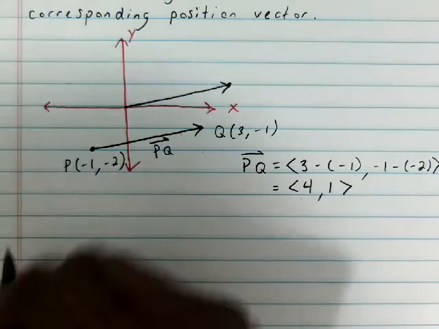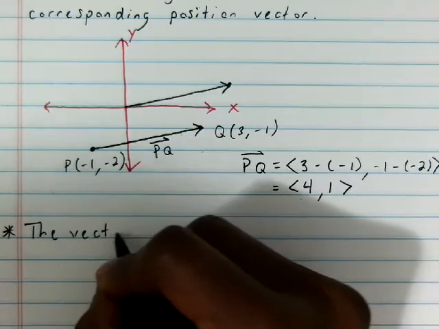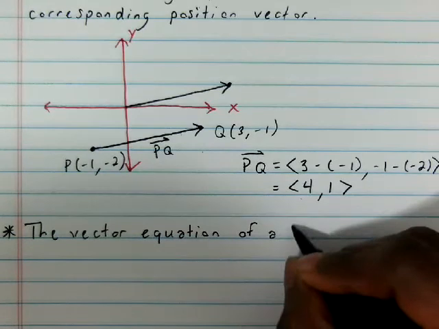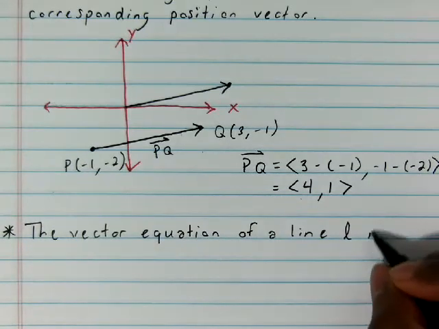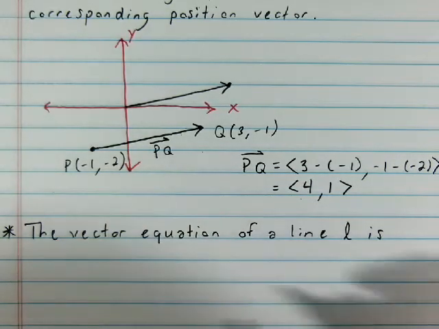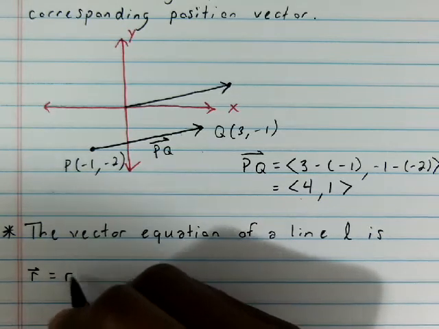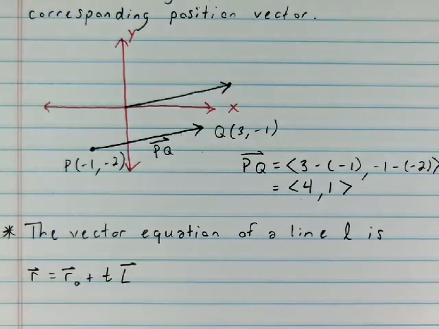The vector equation of a line, and we're going to use a script L to name our line, is, and leave some space between this line and the next, because I'm going to have you write something right above this equation: the vector R equals the vector R naught plus T times the vector capital L. So please make sure you use a script L there and a capital L here, because these are two different L's, and we don't want to confuse them.